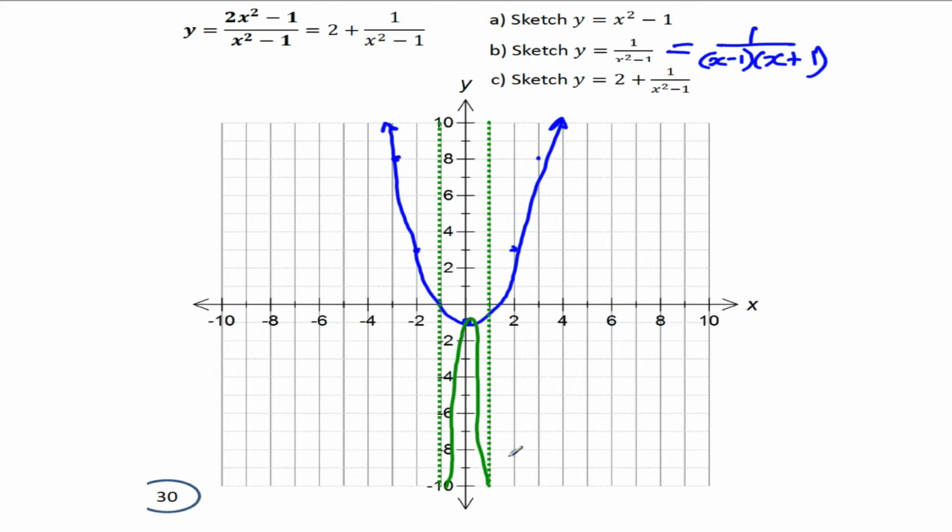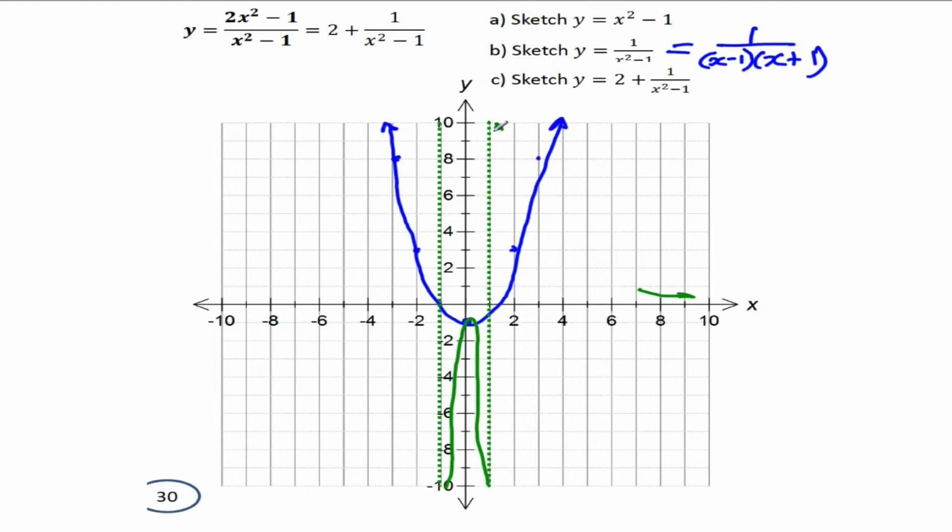Well, we can do the other sides of it. So let's think about what happens to this function when x gets very large. Oh, sorry, a very small value of y, because you've got a large number on the bottom times a large number. We're going to be heading out here somewhere. And we're going to be heading up here somewhere as x gets closer to 1.